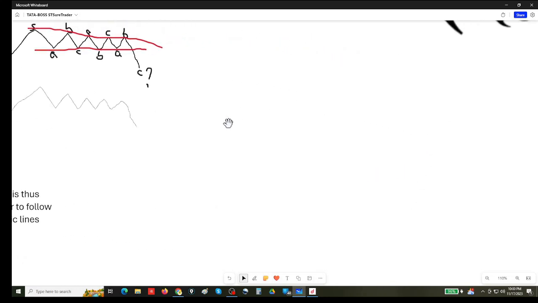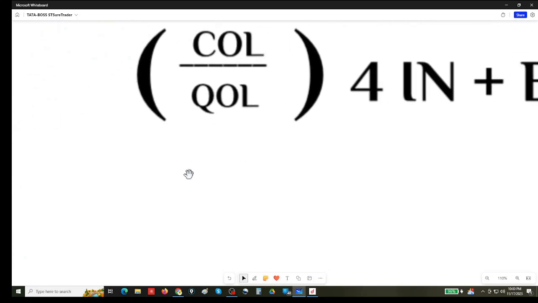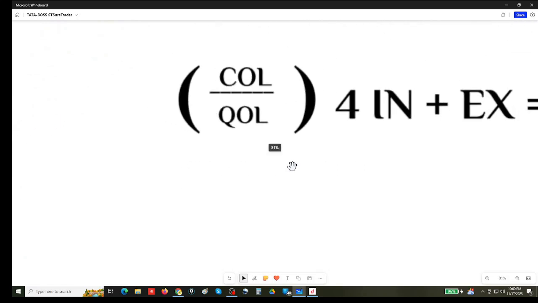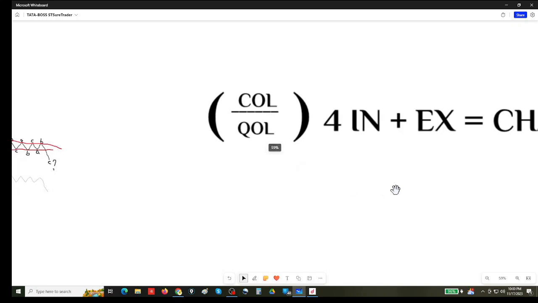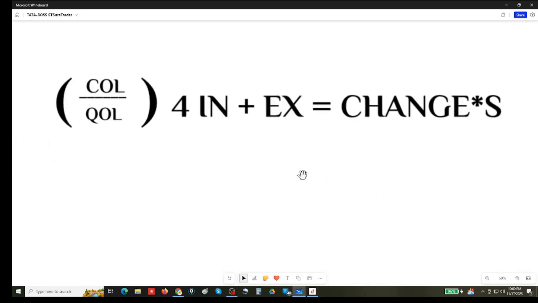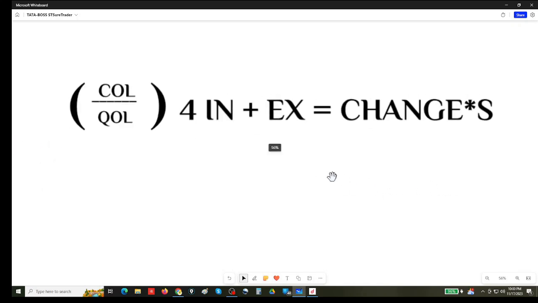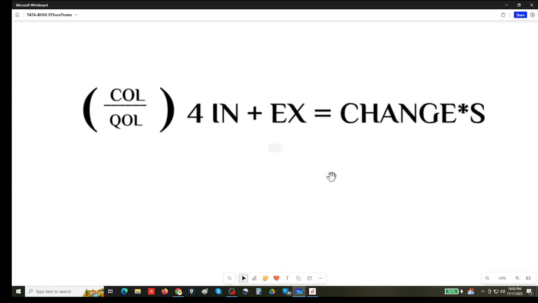And number two, the reason why Elliott wave doesn't work is because, if you remember in my previous videos, I talked about the ultimate money formula. It is the cost of living and the quality of life. The former involves first and foremost inflation and investments secondly.